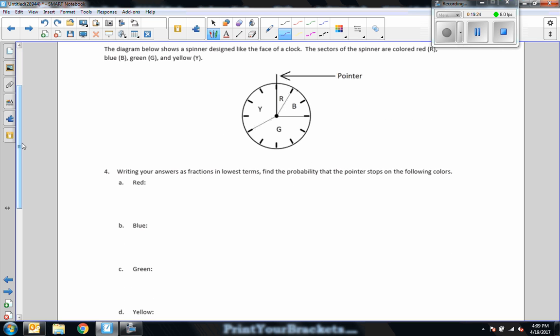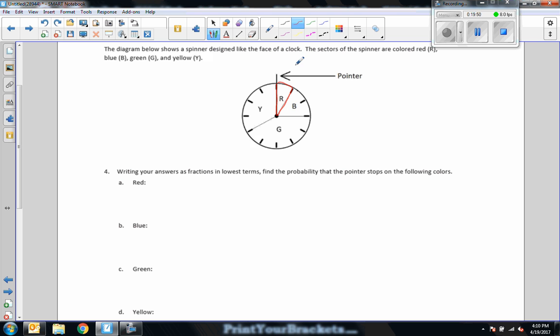Alright, next one. The diagram below shows a spinner designed like the face of a clock. The sectors of the spinner are colored red, blue, B, green, G, and yellow. Right? So they've split this up into sectors. So how about I just color code this for you?